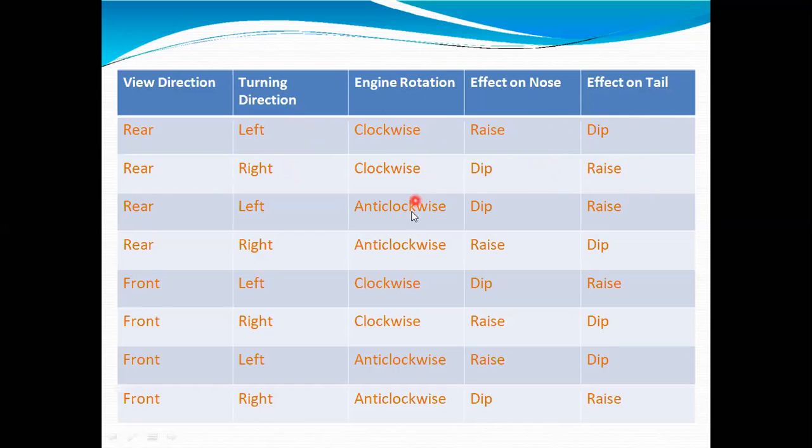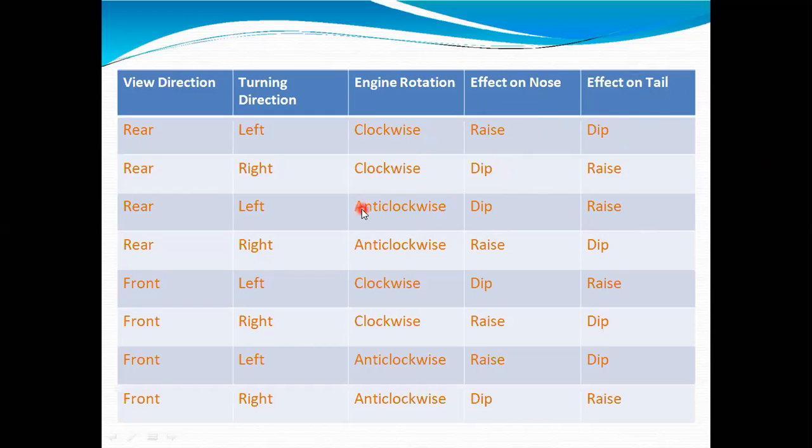And again we are opposing the condition of rotation of the engine. That means if the engine is rotating anti-clockwise instead of clockwise, then the condition will again be the reverse of the first case. When the engine was rotating in clockwise direction, the nose end rose and the tail end dipped. But for this anti-clockwise direction, the nose end will dip and the tail end will rise.